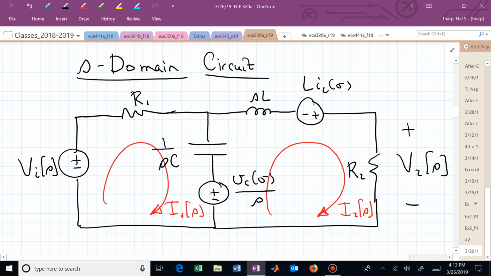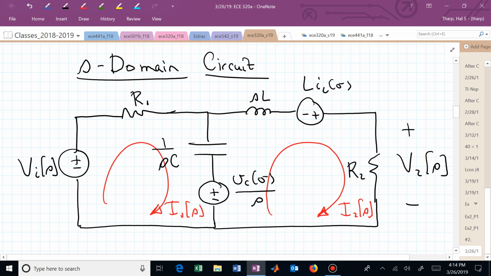If I increased V sub C of 0 minus, or made that voltage source bigger, would it increase or decrease I sub 1? If I really raised this up, it's kind of opposing I sub 1, isn't it? So it would tend to decrease.